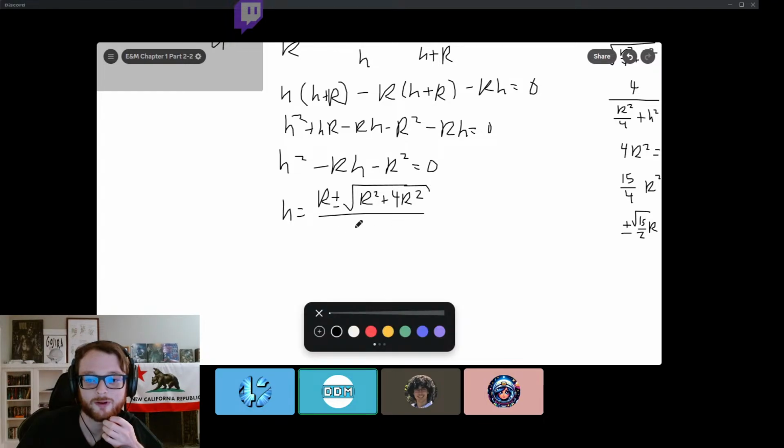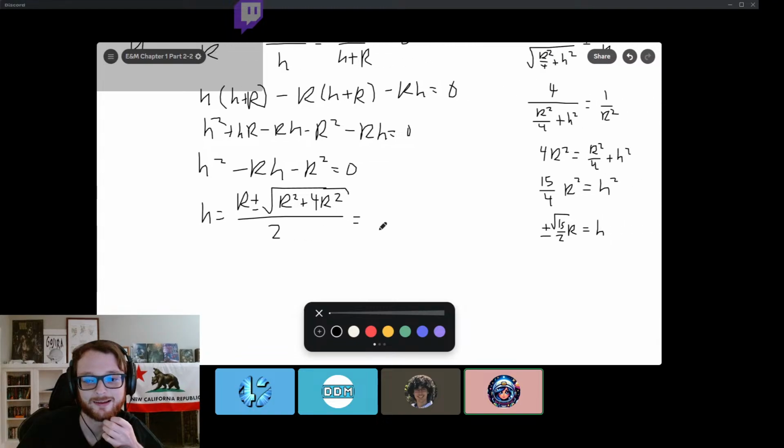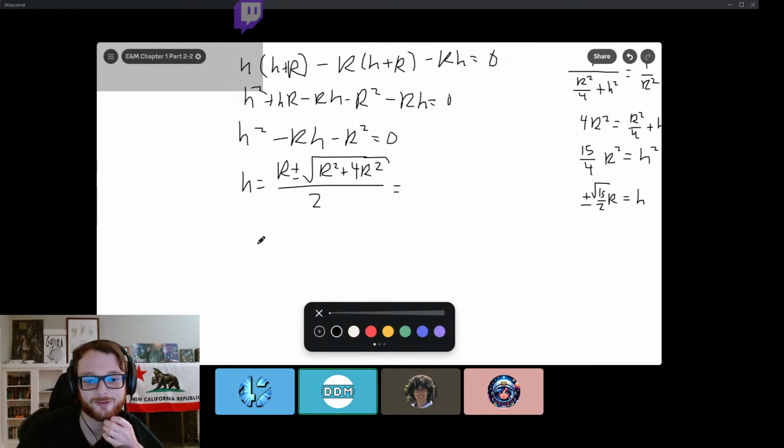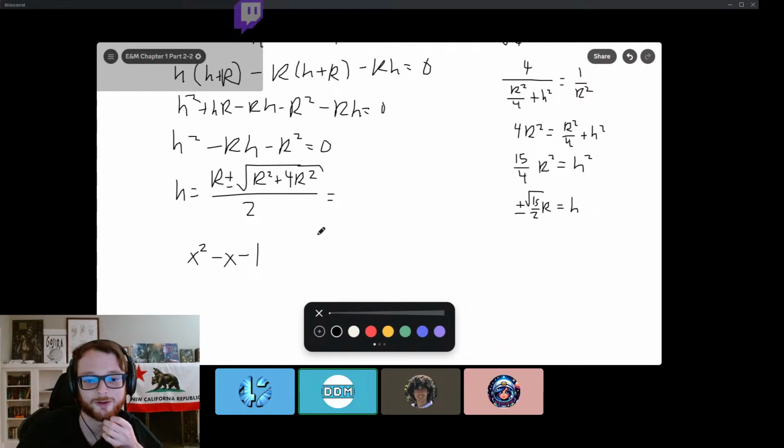Oh wait, is it the golden ratio if R is 1? I feel like you can pull out an R from those numerators. I think the polynomial that goes with the golden ratio is x squared minus x minus 1. So it'll make sense. R squared plus or minus R root 5.